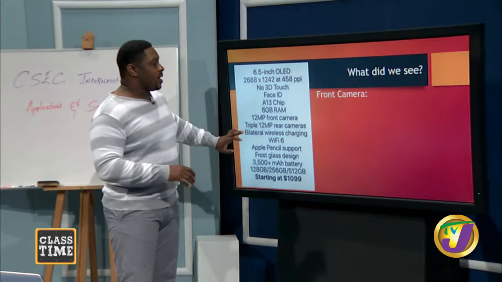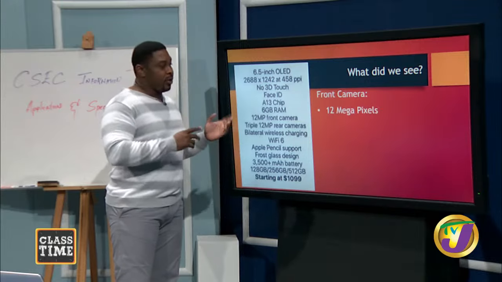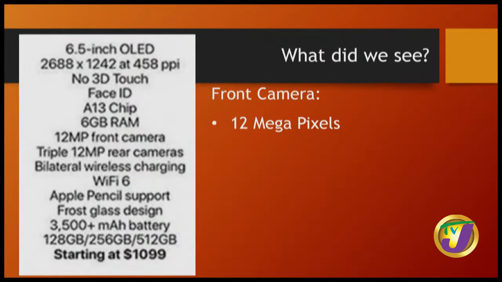And we look at the camera associated with this particular Face ID. And if we look at the camera carefully, we can see where our camera is saying the front camera is 12 megapixels, and mega means 1 million. Now, I don't know what these guys were thinking, but when you can get 12 million pixels from a device that small, that technology is beyond unbelievable.